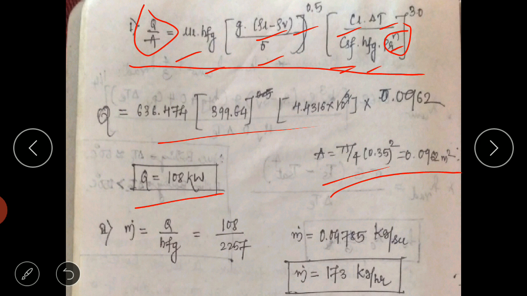So we take pi by 4 d square. Then m dot is q by hfg, so we get the value of m dot also. Actually the formula is q equals m dot into hfg, and by modifying, we get this formula.